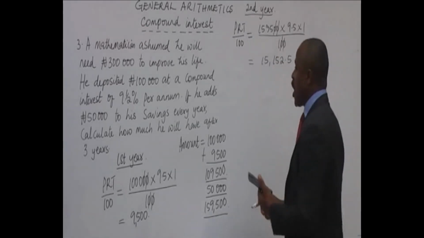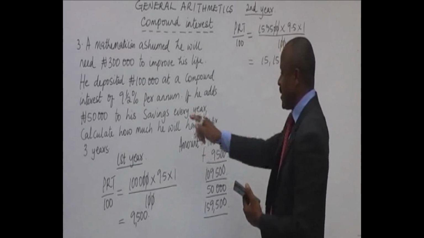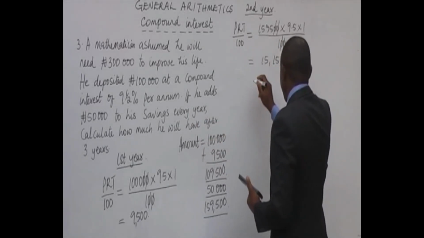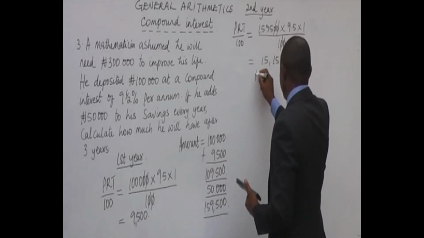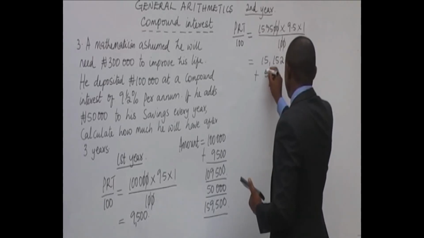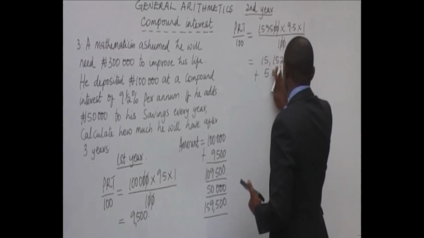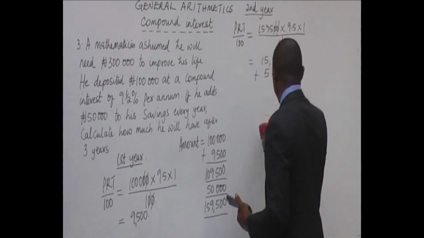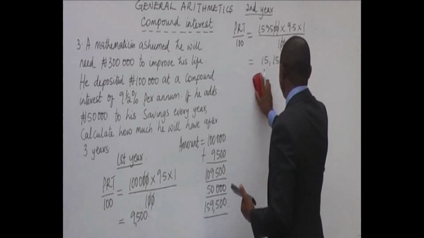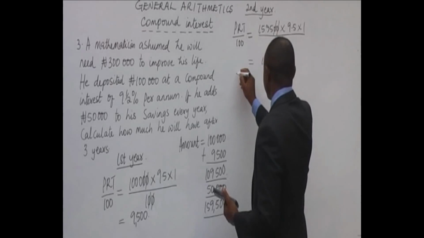Now, in the second year again, he will add another 50,000 because that is what he promised. Sorry, first of all, find the amount. It is the amount that you add the 50,000 to.